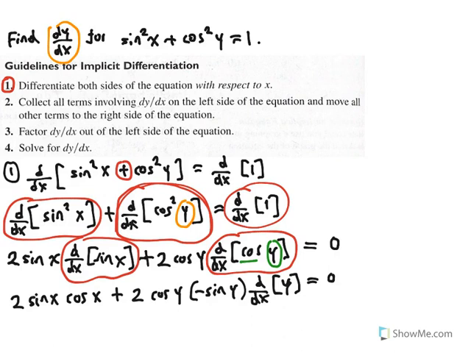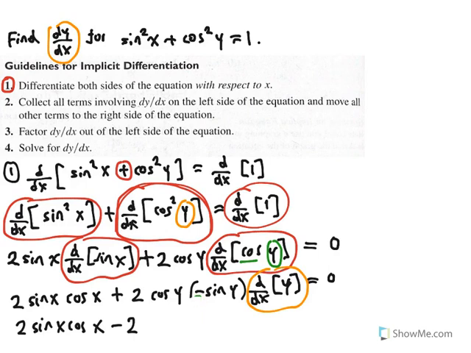And in the next line, we will go ahead and write that this right here is what we're looking for. The derivative of y with respect to x is dy dx, and that's what we're looking for. So we have 2 sine x times cosine x, and when you multiply all of the factors for the second term, there is a negative factor, so this will become minus 2, and I can either write cosine y first or sine y first, it doesn't matter.